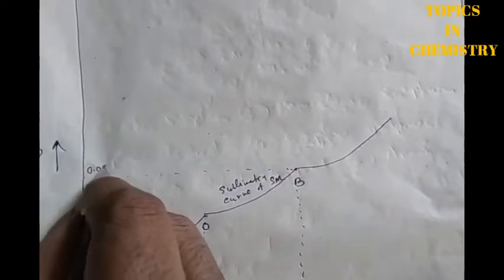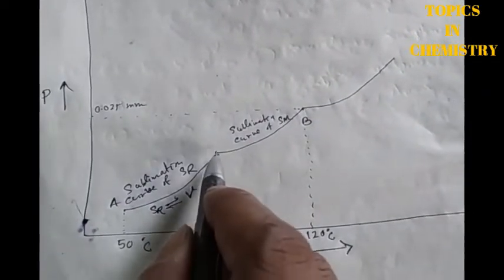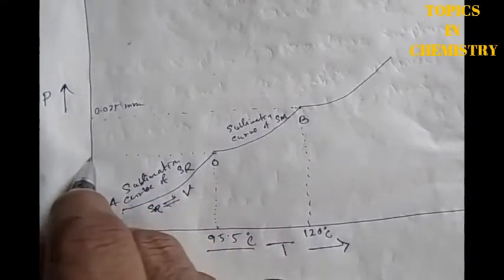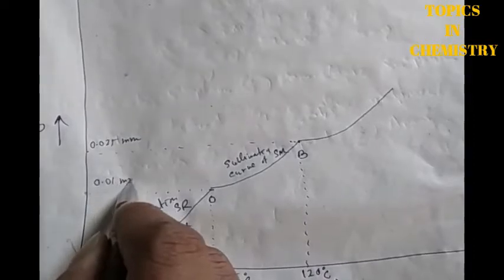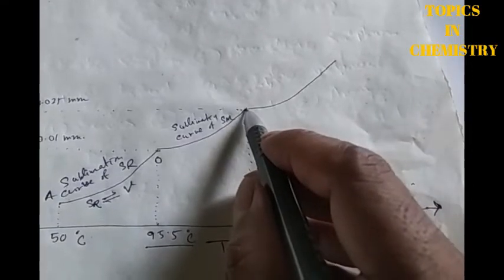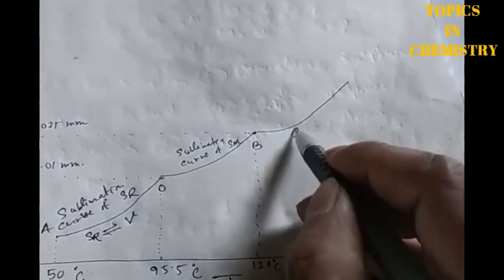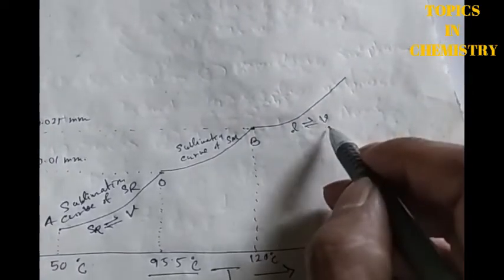So here the melting of monoclinic sulfur occurs. That means the sulfur converts to liquid sulfur. After that point, liquid sulfur is in equilibrium with vapor.